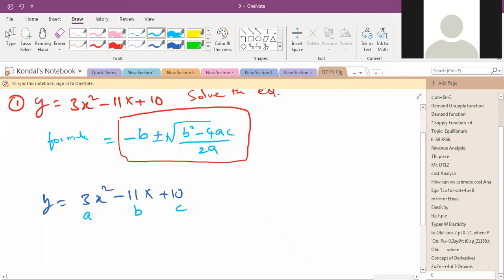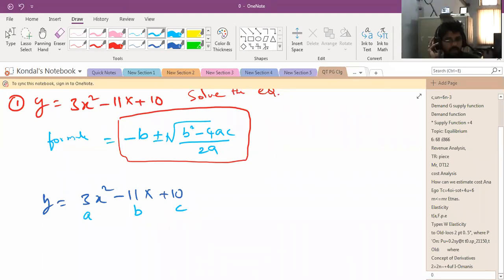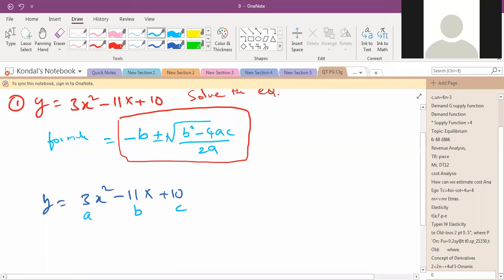Including sign, like whether it is plus or minus? Yes.